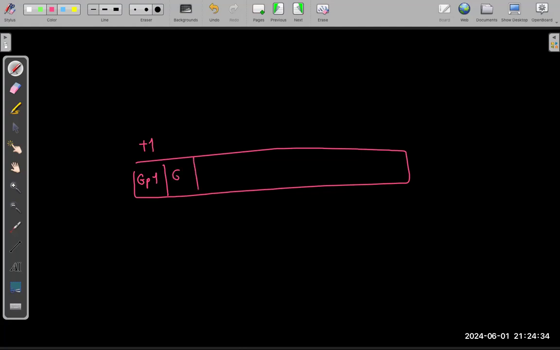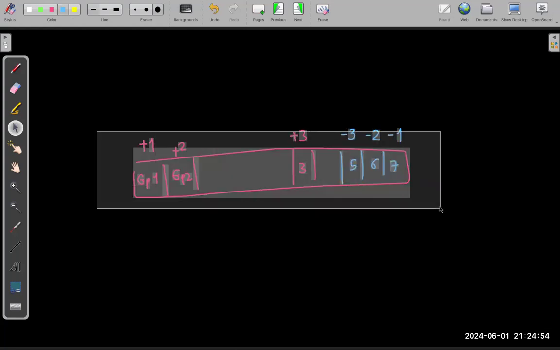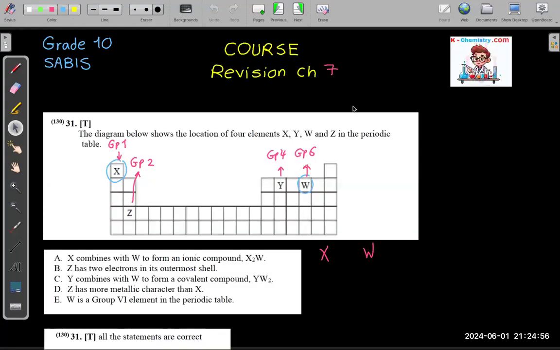Group 2 becomes plus 2. Group 3 becomes plus 3. Group 4, we don't mention it. Groups 5, 6 and 7 become negative 3, negative 2, and negative 1. Okay, let's keep this one with us here. We will need it.